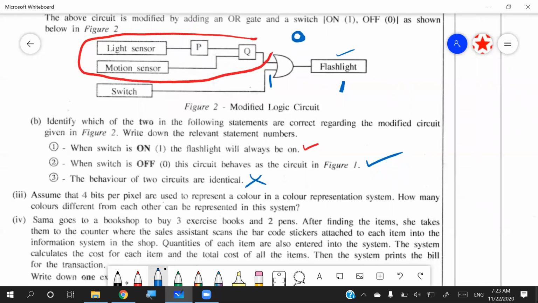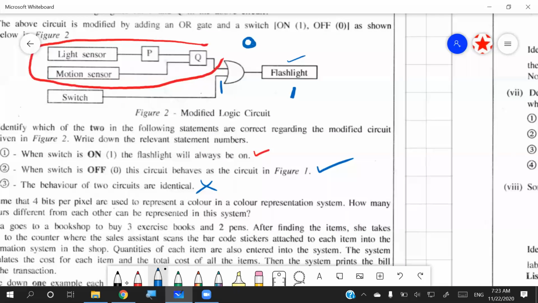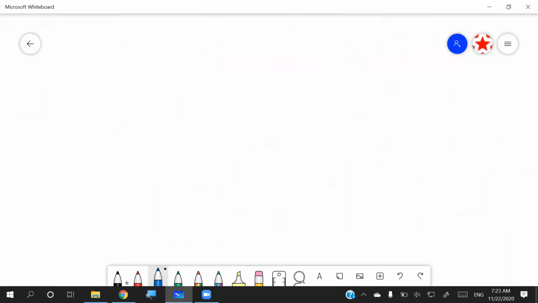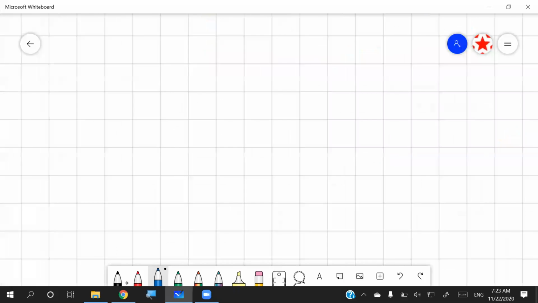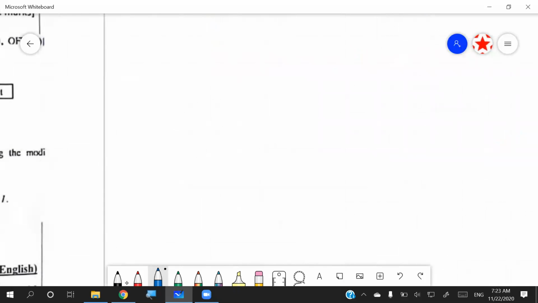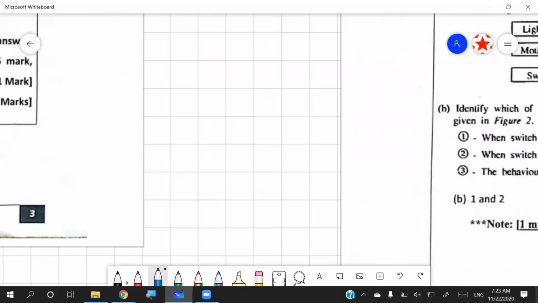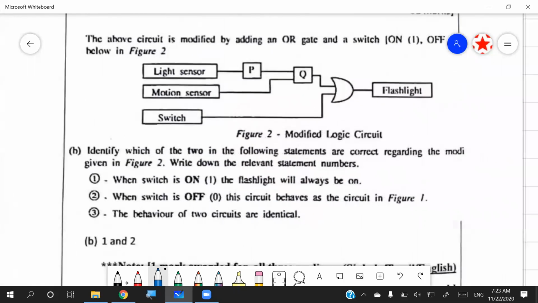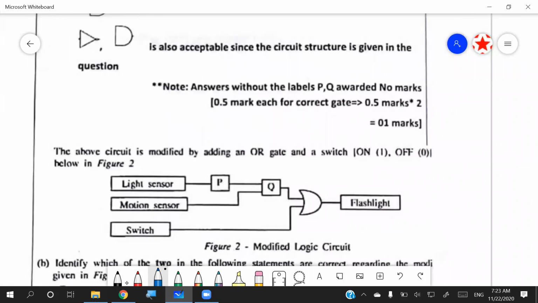Okay, so the marks allocation. Leandro, I'll tell you. The marks allocation is 2 marks for this part, and it was given like this.